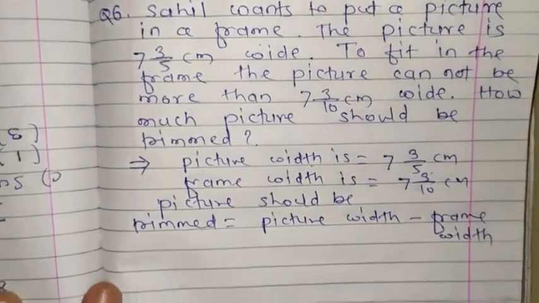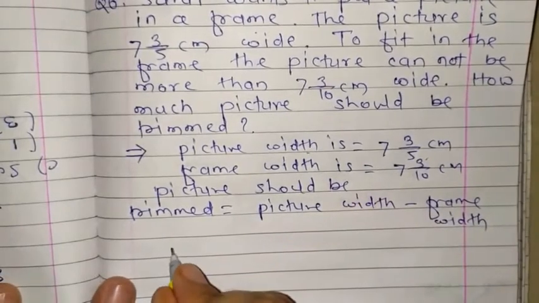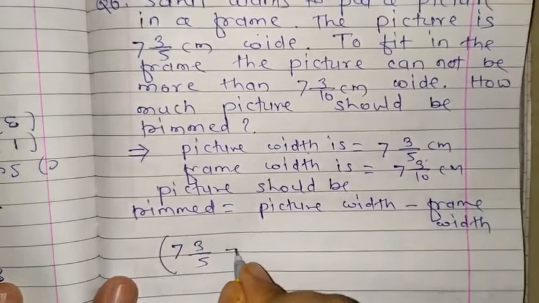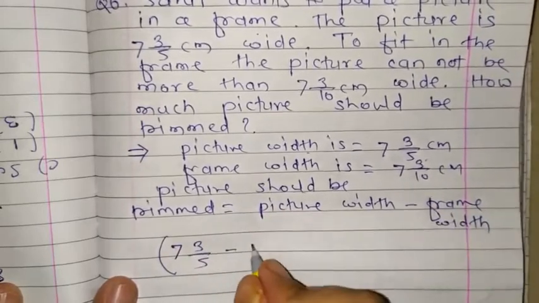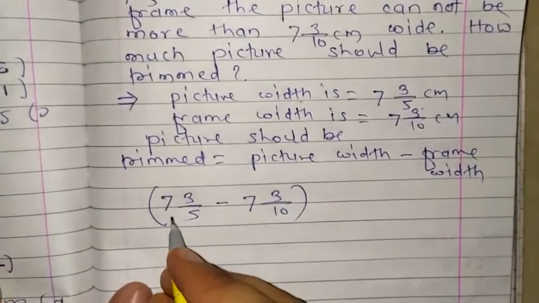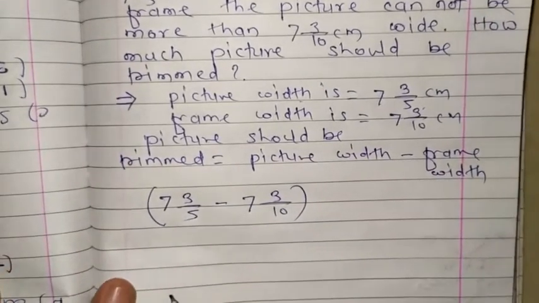This is our formula. So what is the picture width? 7 3/5 minus the frame width, 7 3/10 centimeter. So it is in mixed fraction form.